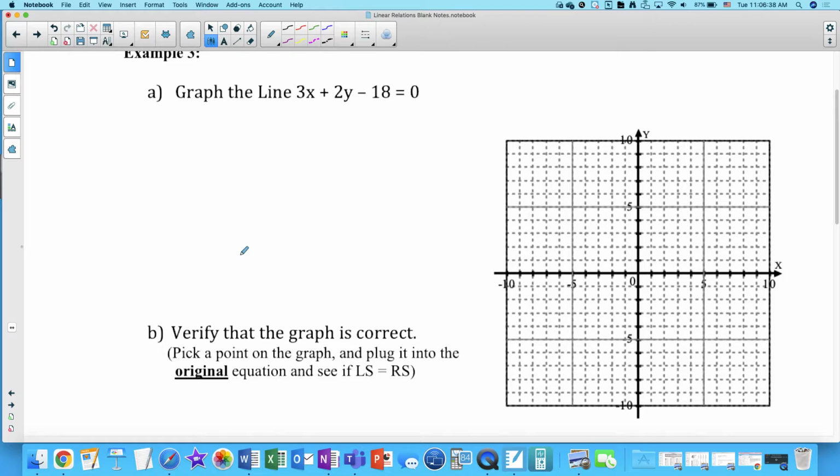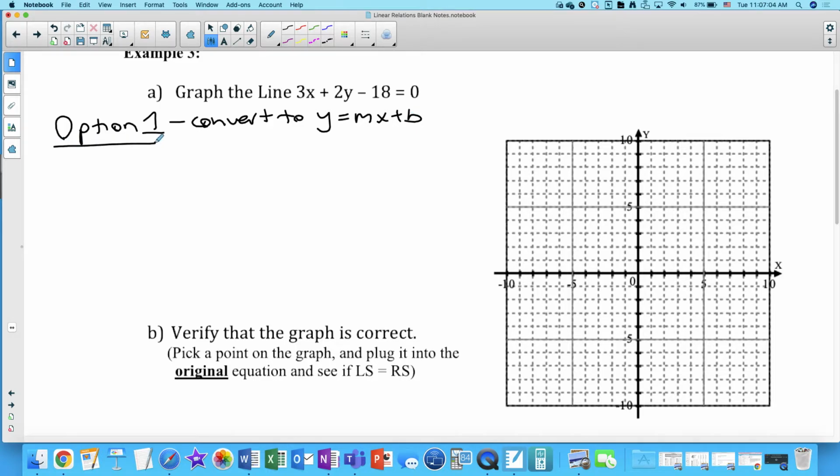So that's one option. And in fact, if you want to use technology, you have to do it this way. If you want to graph this on your calculator, you have to isolate y. Because if you notice on your calculator when you go to graph, everything says y equals, right? Y is always isolated.